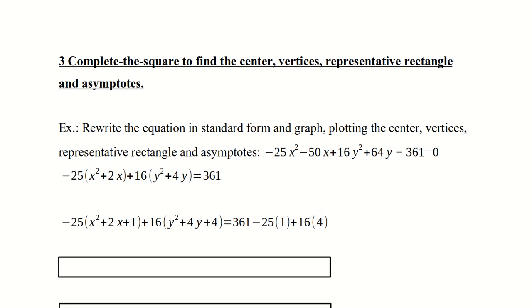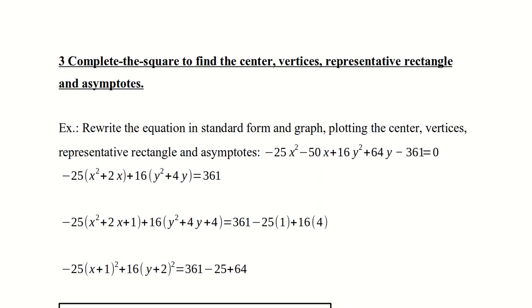Now, when we say that we're adding 1 on the left side, we're really adding negative 25 times 1. So we have to add that same amount on the right side. Similarly, when we say that we're adding 4 on the left side, we're really adding 16 times 4 because it's inside of parentheses. So we've got a fair amount of arithmetic to do on the right side. The left side actually will factor using the halves.